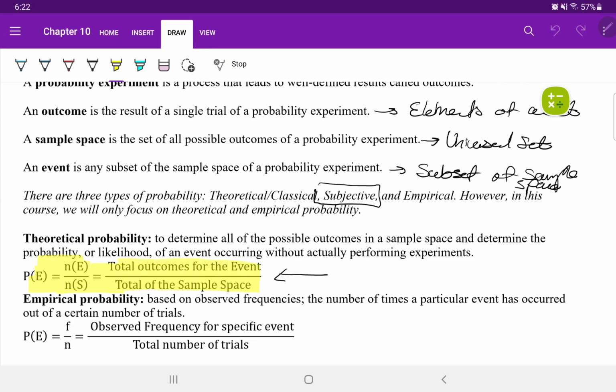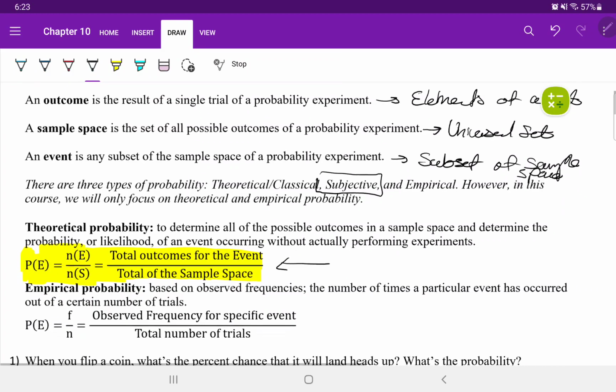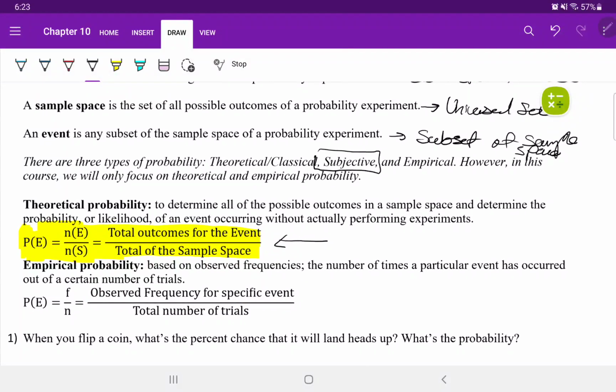And this is the definition for simple theoretical probability. Empirical probability, to find that, is going to equal the observed frequency for a specific event divided by the total number of trials, and we can call that the total frequency.